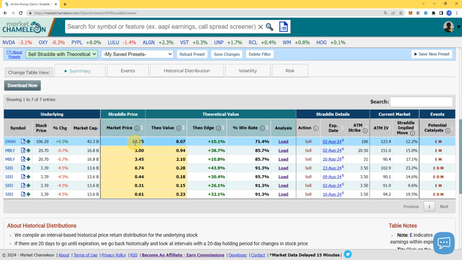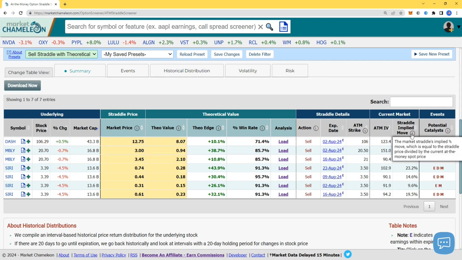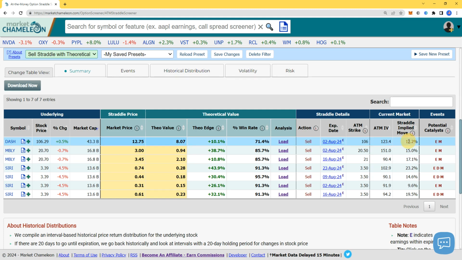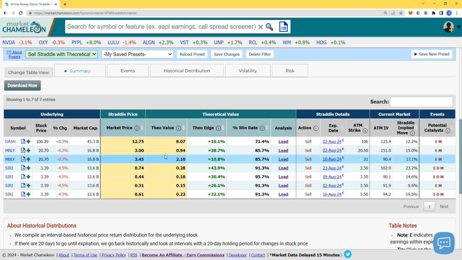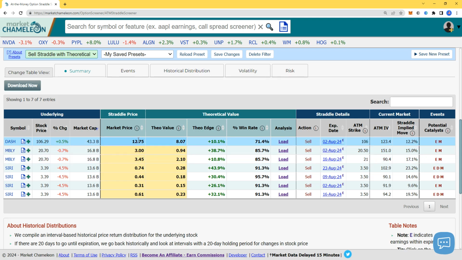It means that right now the straddle implied move is 12%. The market straddle implied move is equal to the straddle price divided by the current at-the-money spot price. So 12%. The market expects DoorDash to move 12.2% up or down based on the at-the-money call and put options, and that is why you are getting paid.